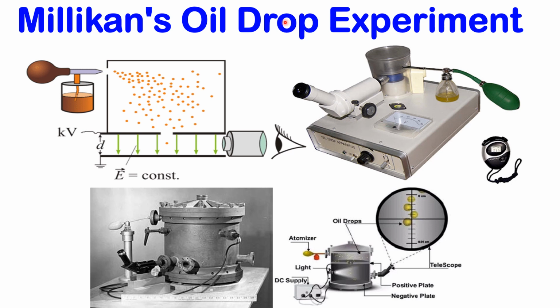In order to discover the amount of negative charge on the electron, Robert Millikan and Harvey Fletcher performed the Millikan oil drop experiment in 1913. On the basis of this experiment, they discovered that the amount of charge on an electron is around 1.6 x 10^-19 coulomb.